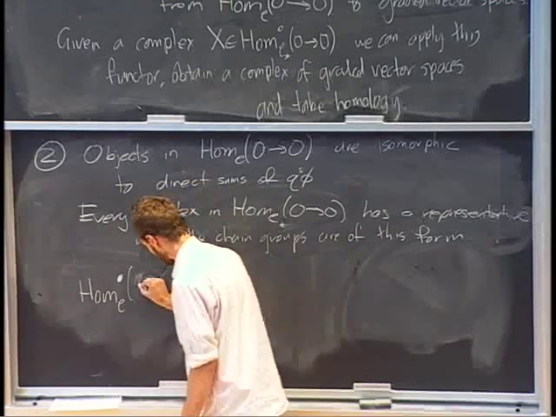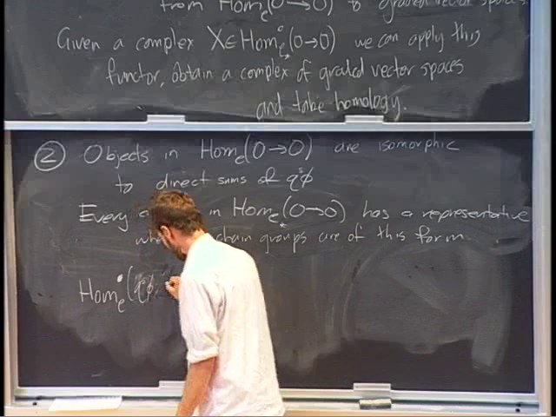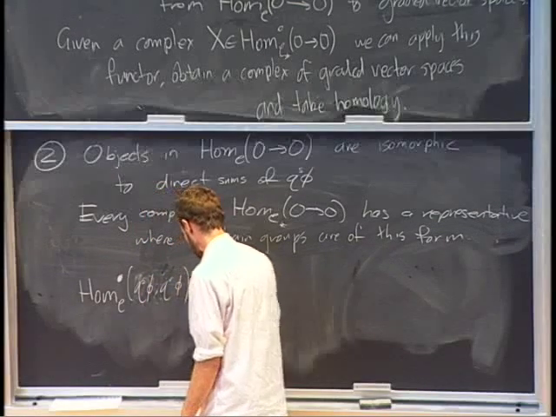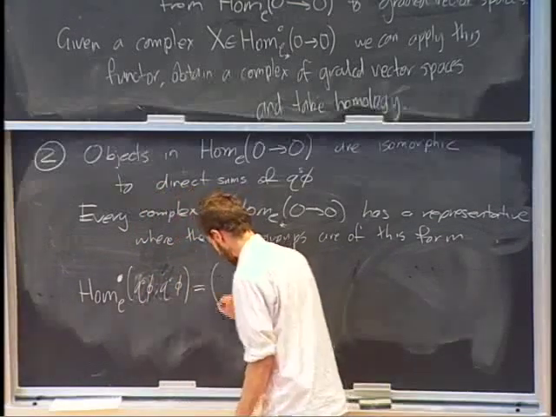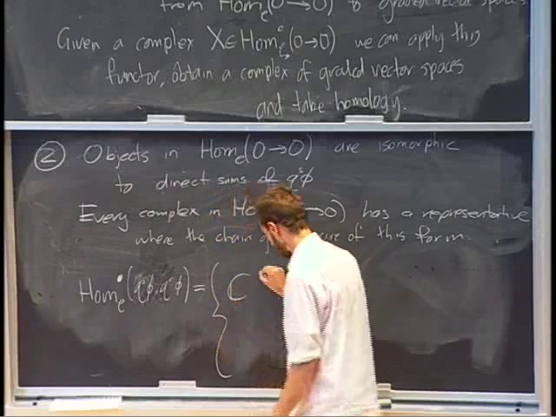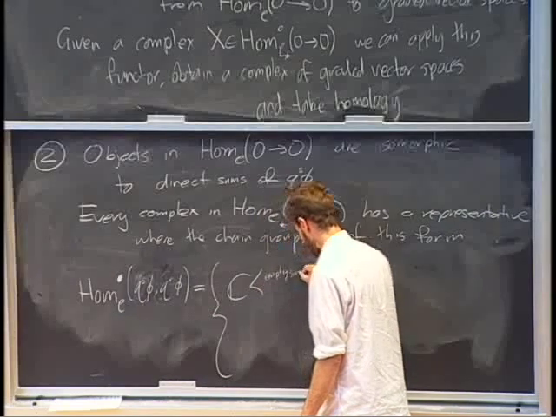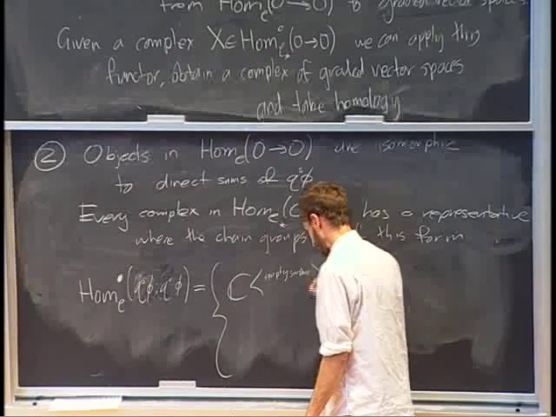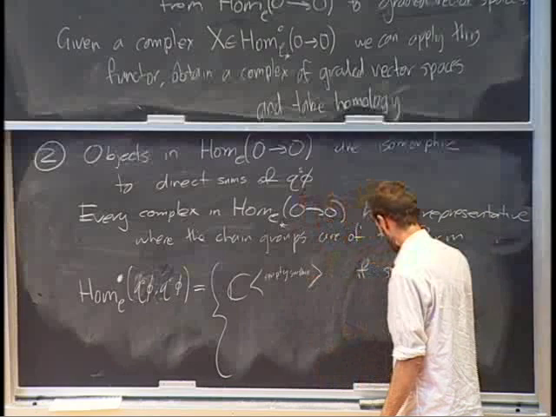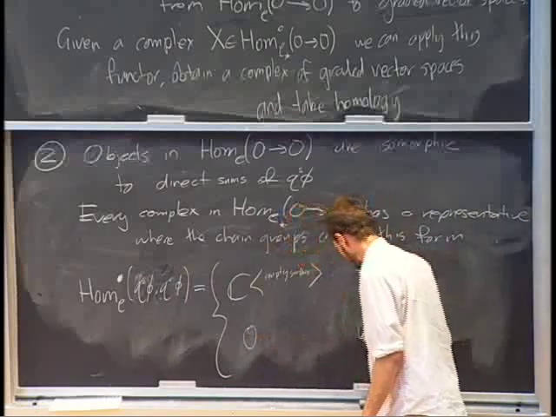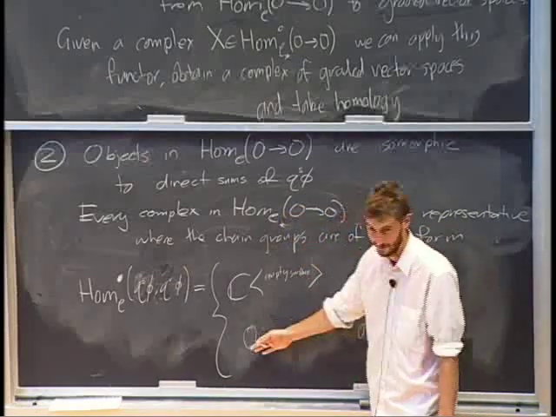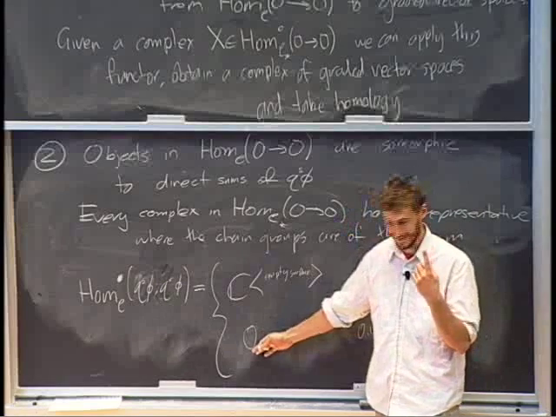And even if we put factors of Q in, so let's look at Q to the S times the empty diagram, Q to the R times the empty diagram. Well, this is just C generated by the empty surface if S equals R and 0 otherwise. There are no possible surfaces with Euler characteristic 0.